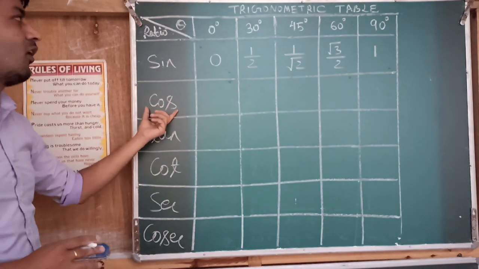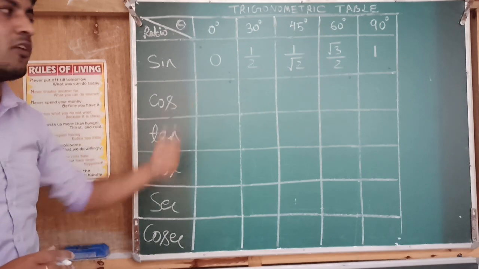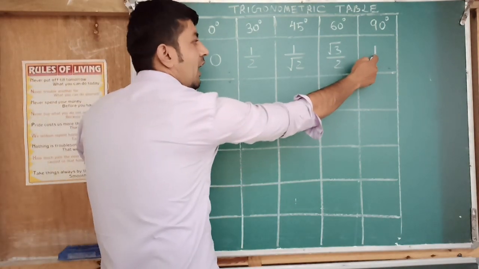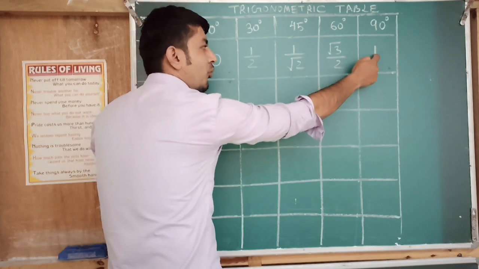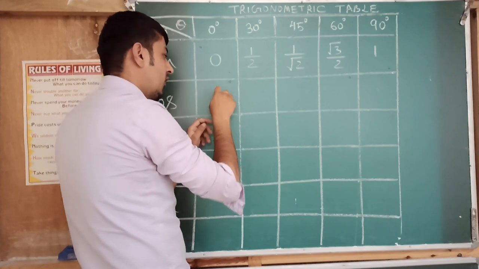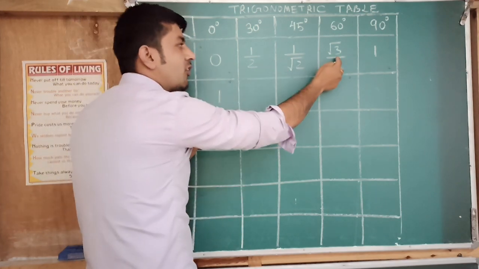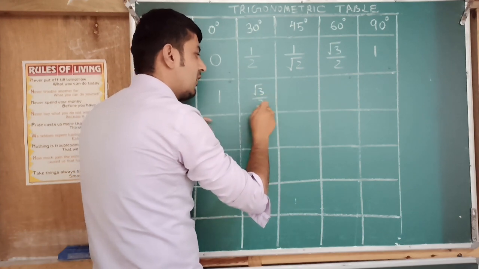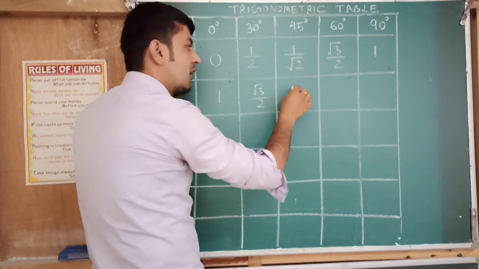That means cos of 0 degree. Cos of 0 degree will be how much? What you will be doing is that this one, look here, you bring it here. This one you bring it here. So you got the value. This root 3 by 2 you bring it here.